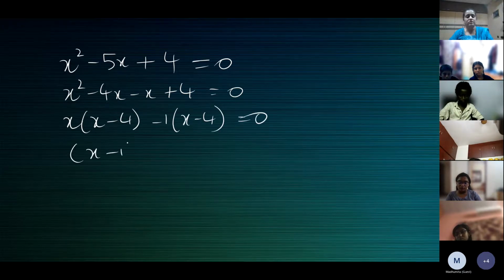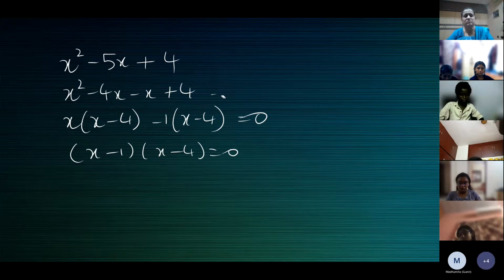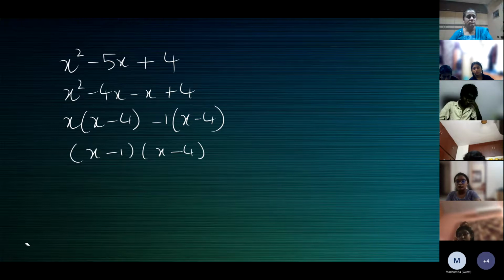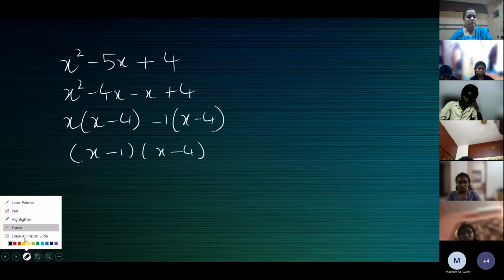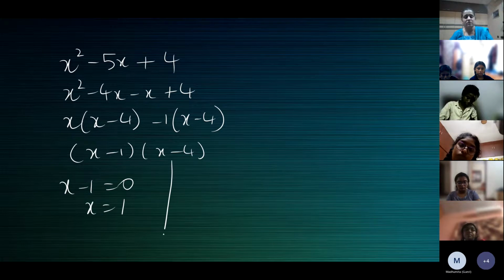So x minus 1 into x minus 4 is equal to 0. You know how to split the middle term. So you split the middle term, equate each of the factors to 0. So x is equal to 1. Then x minus 4 is equal to 0. X is equal to 4.